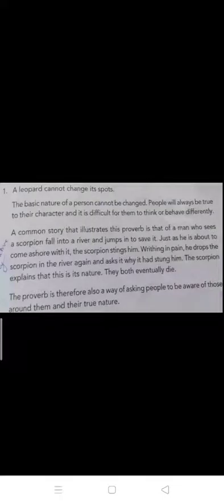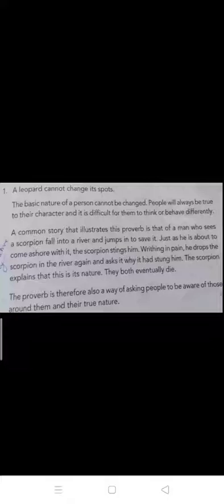Now we'll look at a few examples. So the proverb here is, a leopard cannot change its spots. Okay, so if you read through it, you can either compose it in one paragraph if it's a short question, or if it's a question demanding a longer answer, then you can divide it into paragraphs.